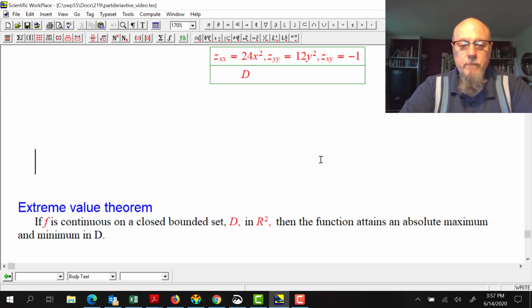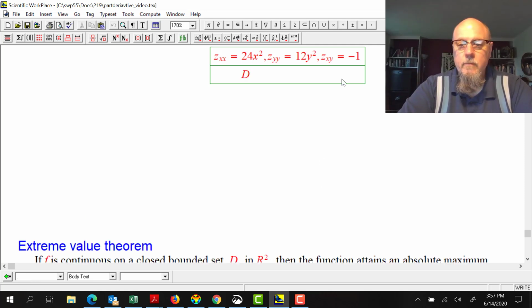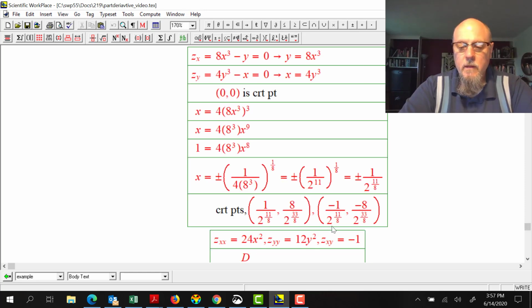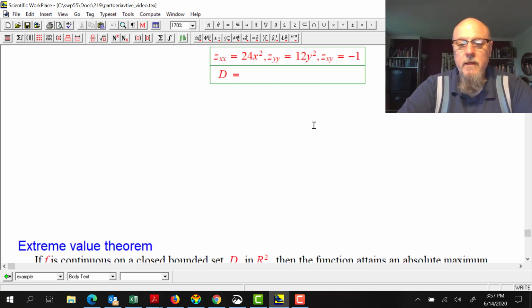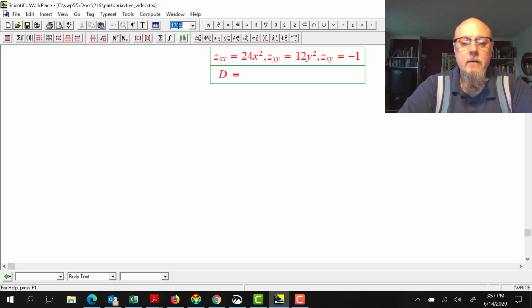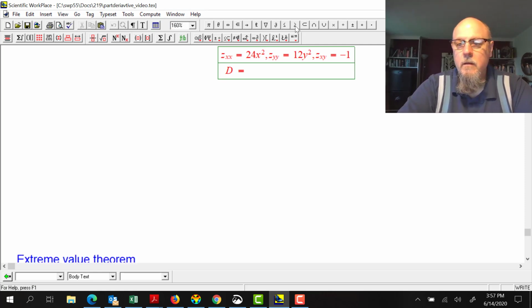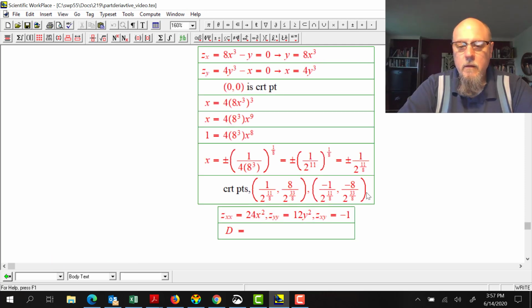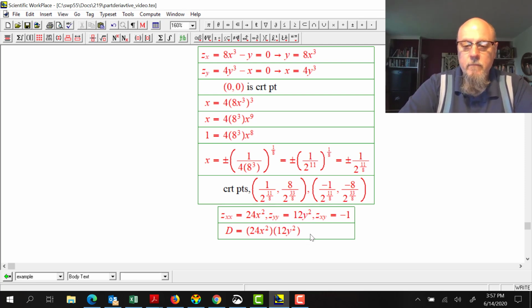So D is equal to 24x squared times 12y squared minus this piece squared.